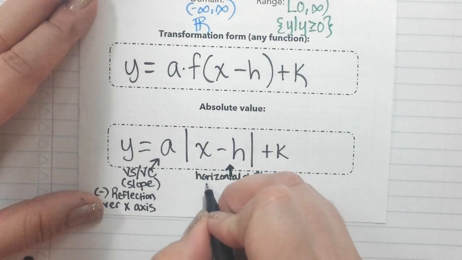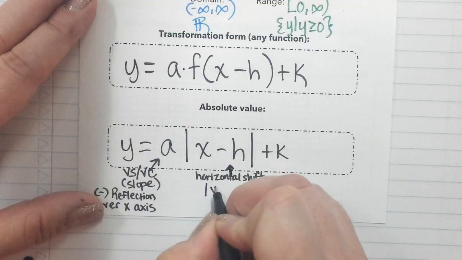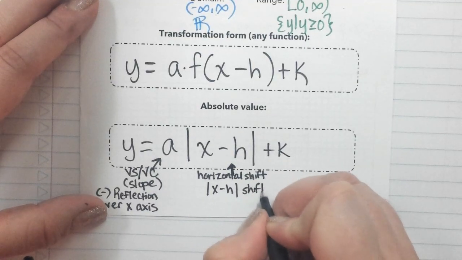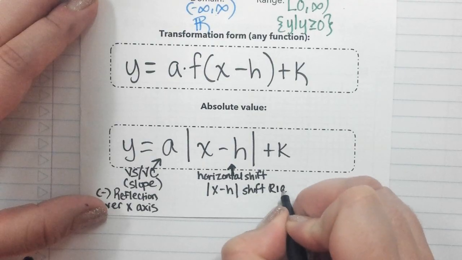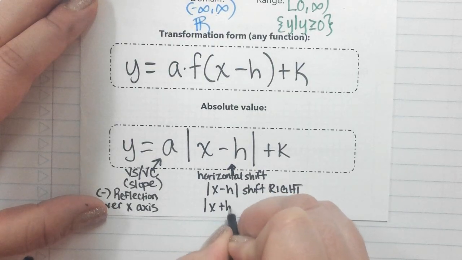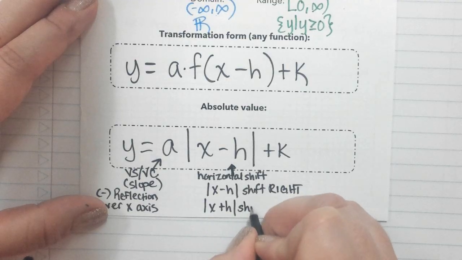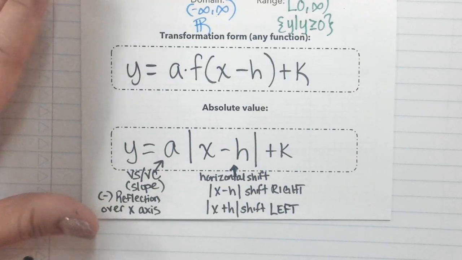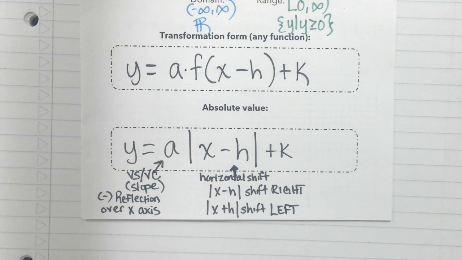So for instance, if you have absolute value of x minus h, that's going to shift to the right. And if you see absolute value of x plus h, that's going to be a shift left. Do y'all remember that h was opposite?